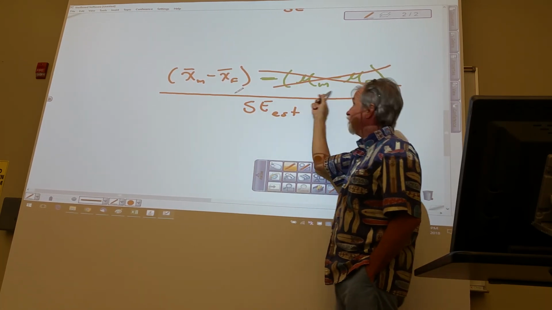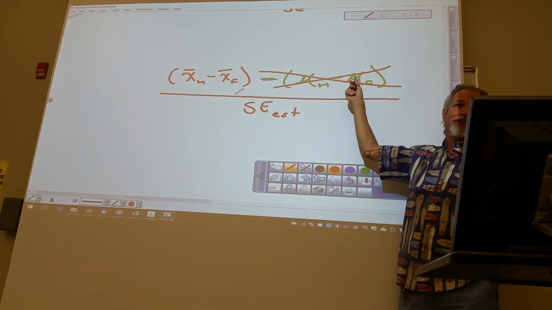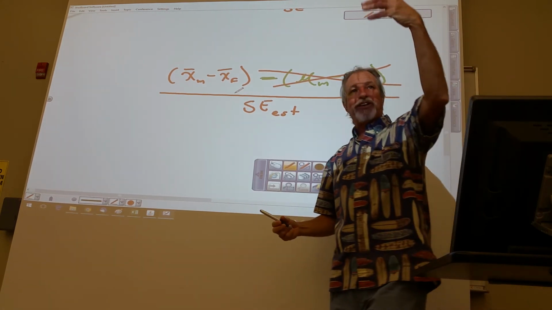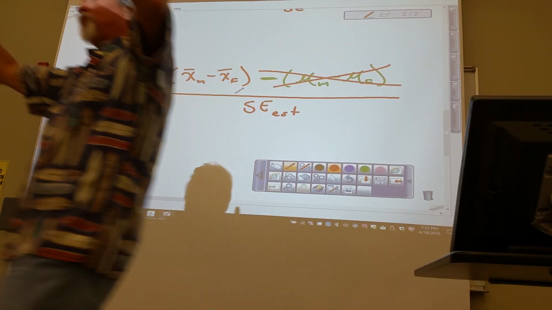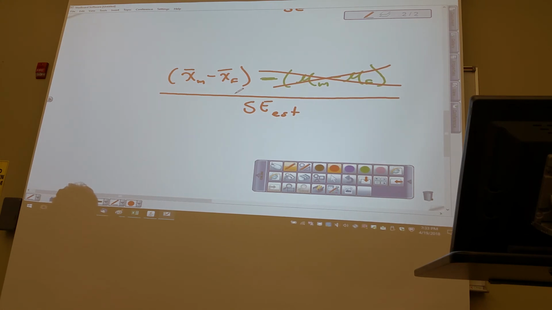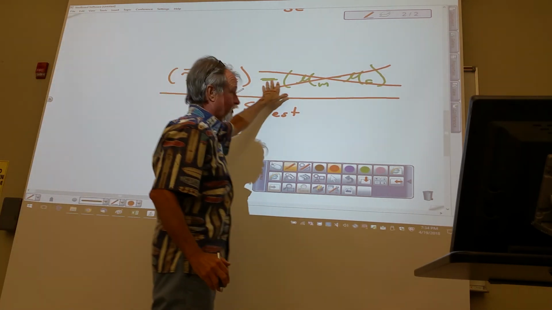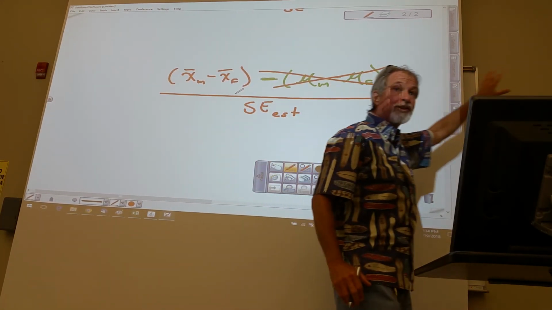Because it's always using the one from the null hypothesis, and the null hypothesis is saying that they are equal, and if they are equal, when I subtract them, I should get 0. So all this is really saying is minus 0.